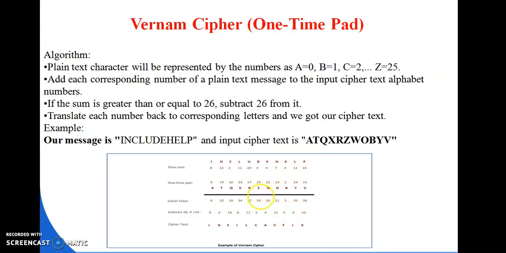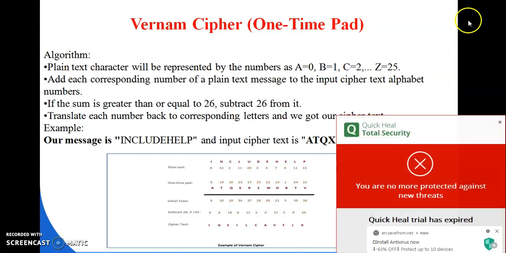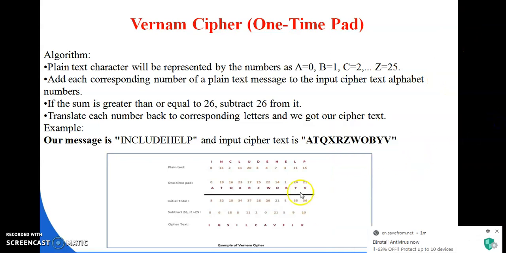Next, 35 is also greater than 26, and 36 is greater than 26. So whatever the result after the addition, if it is greater than or equal to 26, then you just subtract 26 from that number. Suppose 8 remains the same, there is no problem, but 32, just subtract 26, and the result is 6. Next, 34 minus 26, the result is 8.